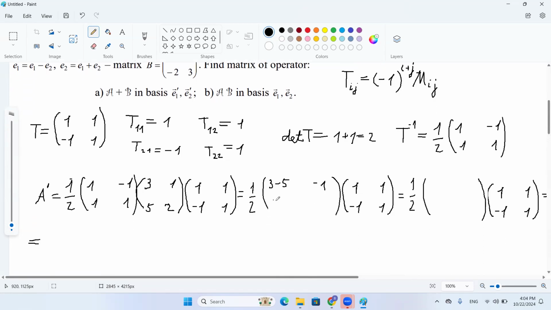And then 3 plus 5. Then 1 plus 2, 3. Okay. And here, let's simplify first of all, and then we will move next.